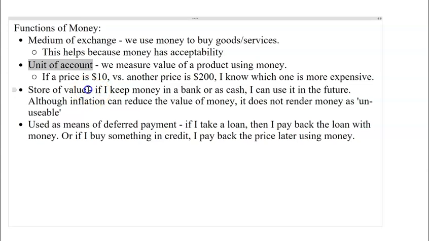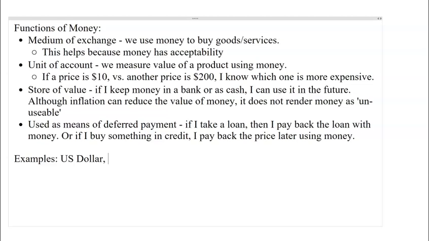I can save US dollars in my bank or as cash and use them later. And if I take a loan or buy something on credit, I can pay back that amount using US dollars. So the US dollar is money in this case.